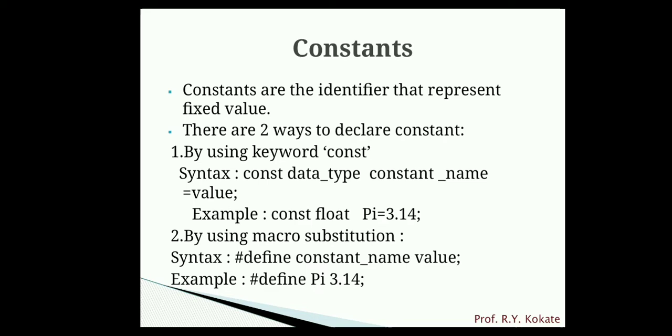Example: const float pi = 3.14. Float is our data type and pi is the name of the constant. We want to assign the value 3.14 to the constant pi, that's why we use the equal to sign.